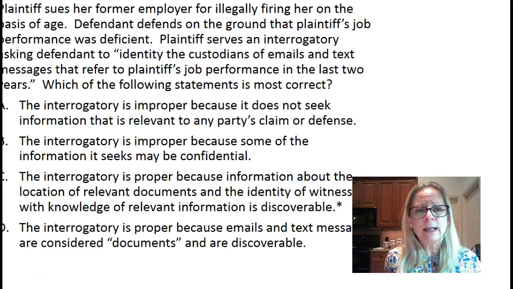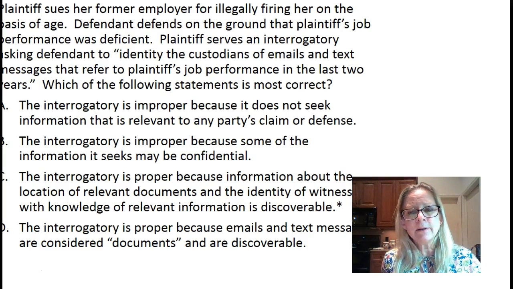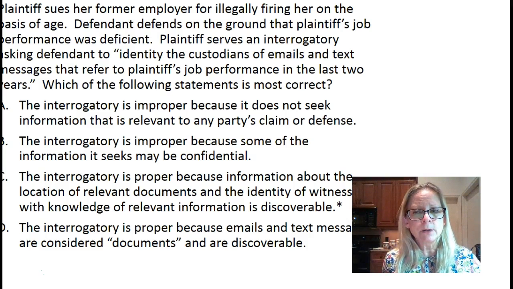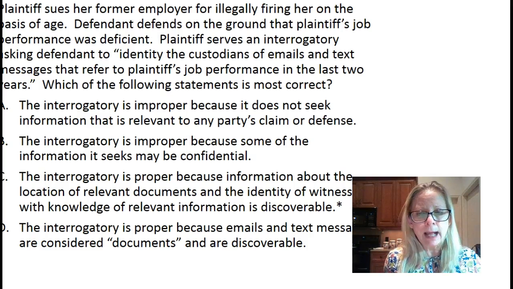What she's asking in this interrogatory is for the defendant to identify which people have emails and text messages that refer to plaintiff's job performance in the last 2 years. So even though all she's doing is asking for custodians of emails, that is still relevant and very important information that she's seeking in discovery.